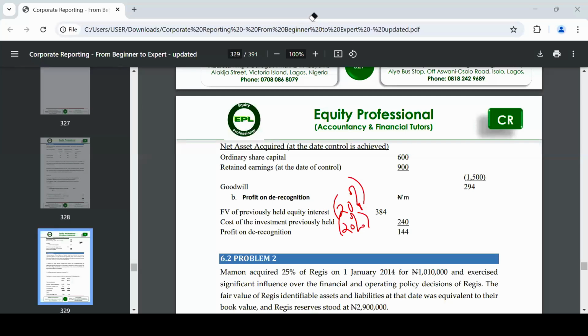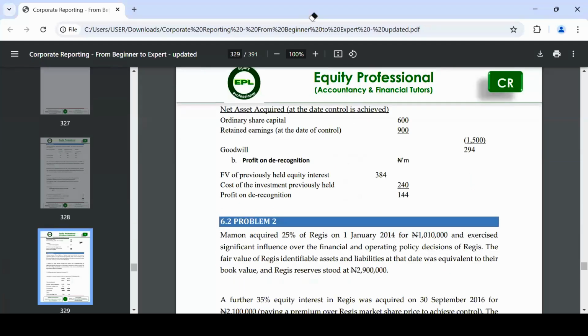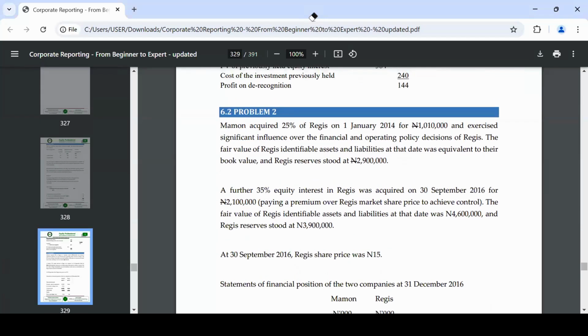Problem 2, we are told Mammon acquired 25% of Regis on January 1st, 2014 for 1,010,000 and exercised significant influence.